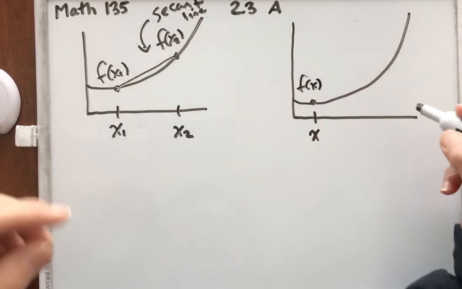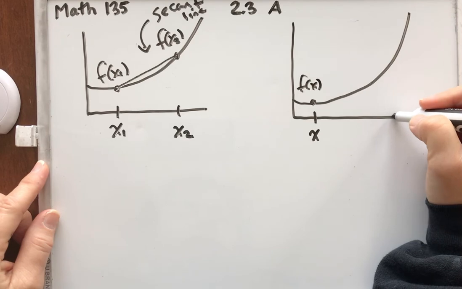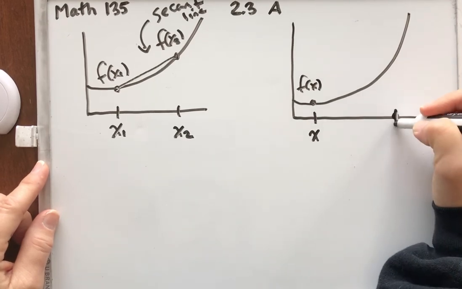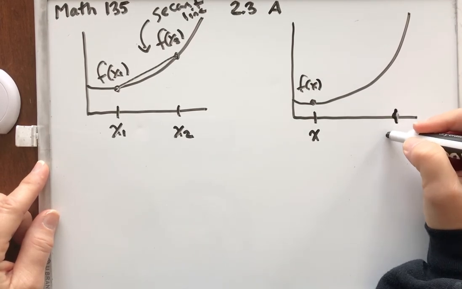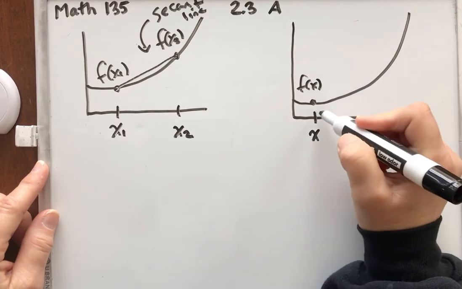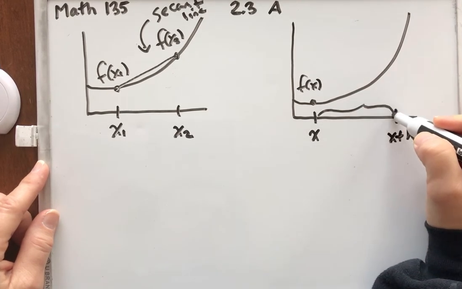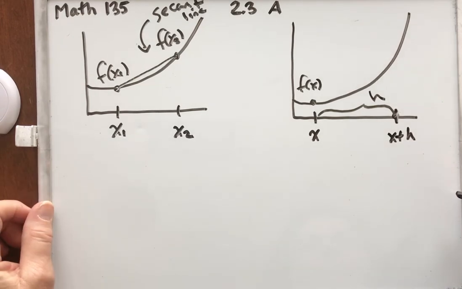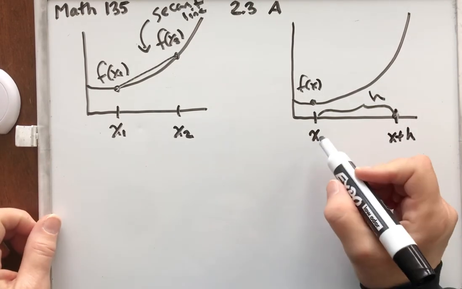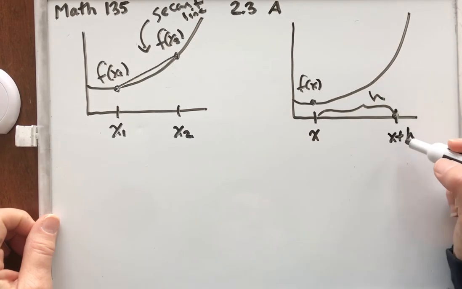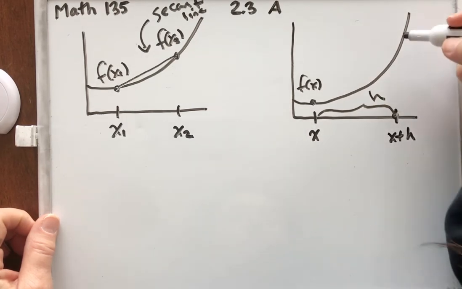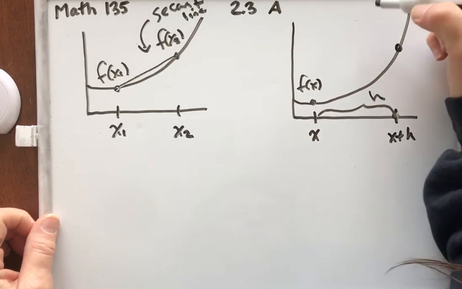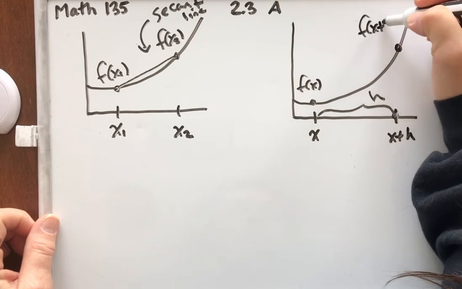Okay, then we come out here some h distance. I'm going to call this x plus h, because right here we moved it forward an h distance. Okay, so if this is x and this is f of x, here we have x plus h. So this right here is going to be f of x plus h.